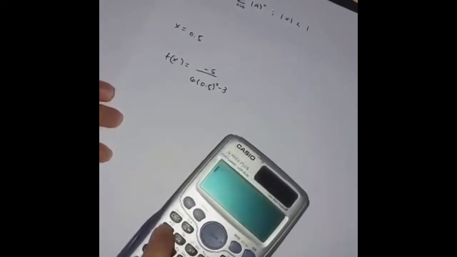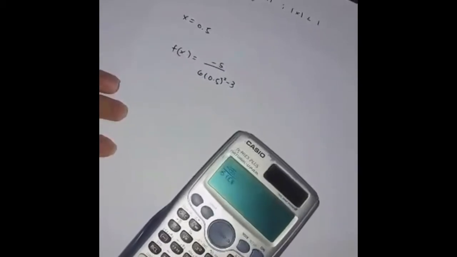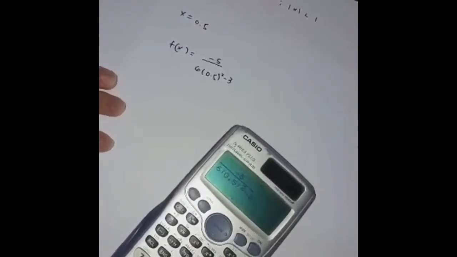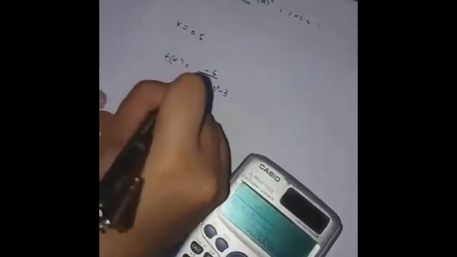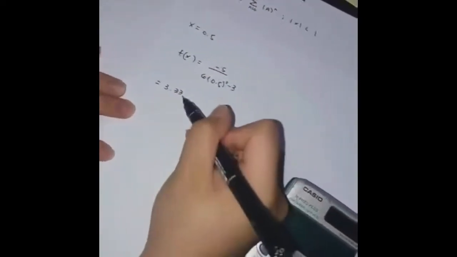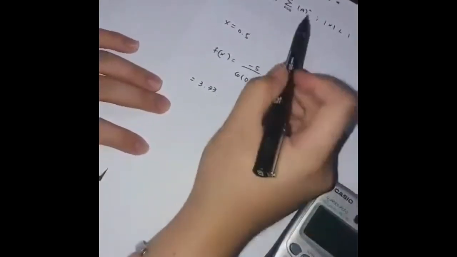Computing it in the calculator, it will have an answer of 3.33. We need to get this answer when we substitute 0.5 in this equation.